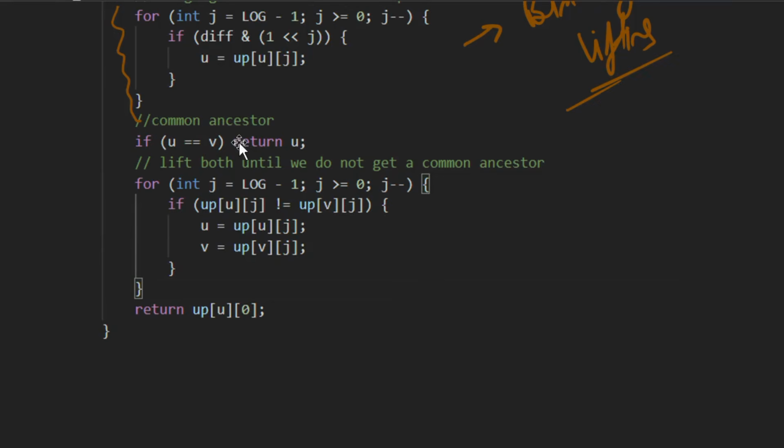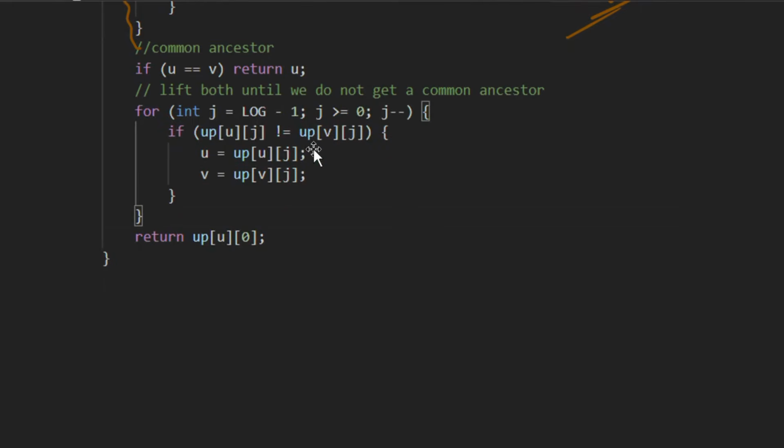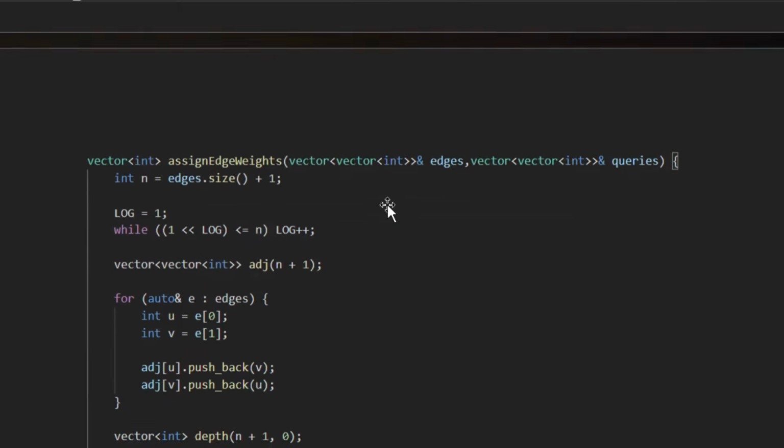If both nodes are equal, then we return that node. And if still they are below the lowest common ancestor, then we check whether both have the same parent or not. If their parent is not the same, then we lift them again, and we keep lifting them until we get the same parent. Once we get the same parent, we return that parent, which is the common ancestor.